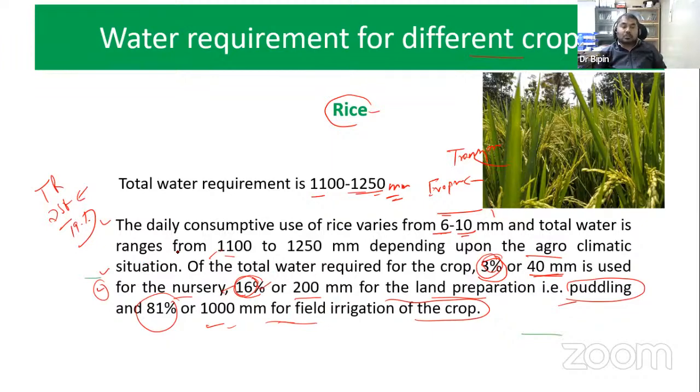If anyone asks you what the advantages in terms of water are when you go from transplanted rice to direct seeded rice, your answer should be very precise. You can say, sir, in nursery preparation we use 3% of the water, 40 mm, and 16%, 200 mm, we use for land preparation. This quantity of water we can directly save if we go for direct seeded rice, because these operations are not required in the case of direct seeded rice.